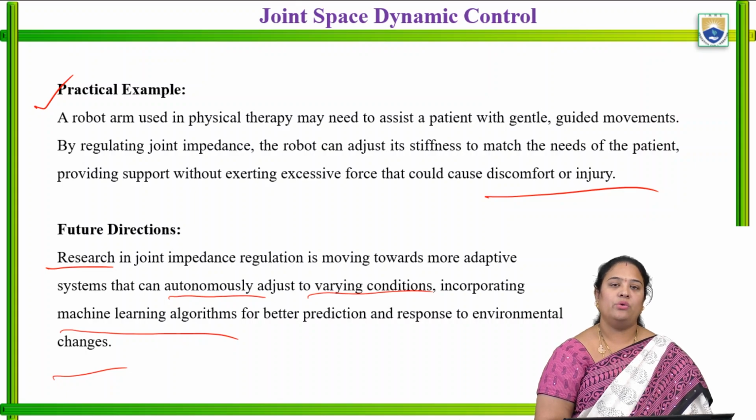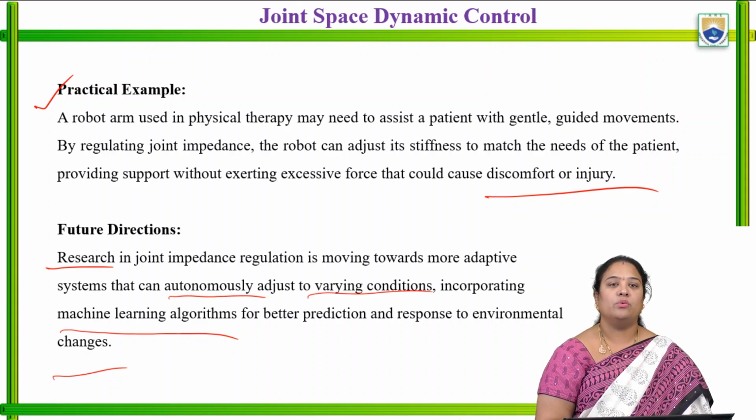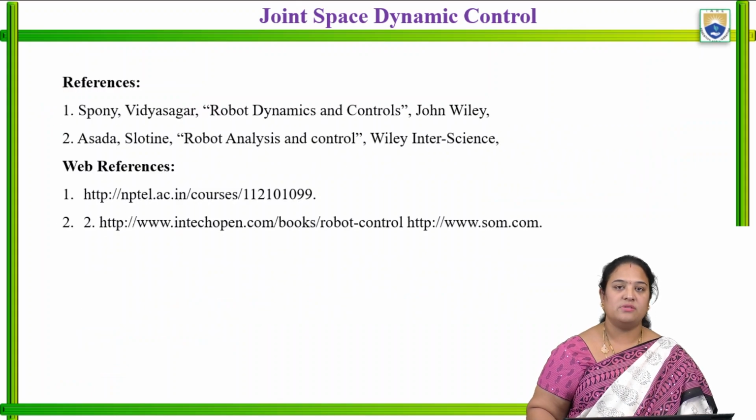That is, we can do a lot of research in the sector of joints of the manipulator, or we can start working on advanced programming of the robot in terms of machine learning, artificial intelligence or neural networks, or we can also have challenges based on various environmental conditions. So these are the future directions which we can come across.